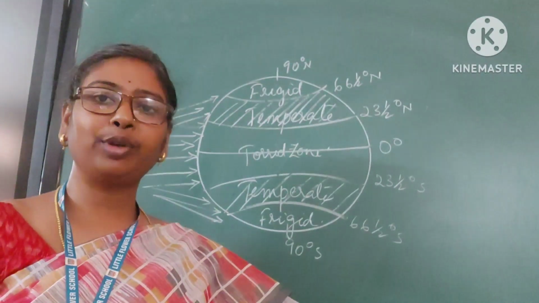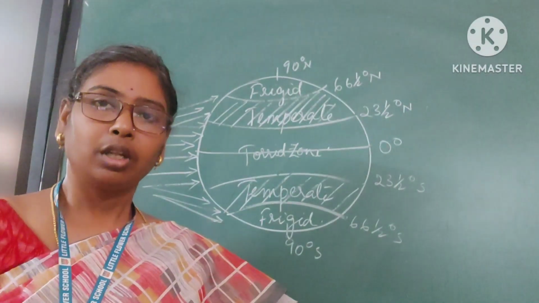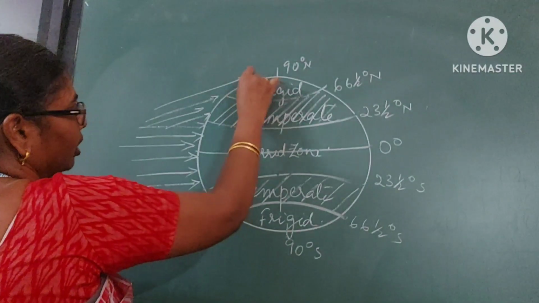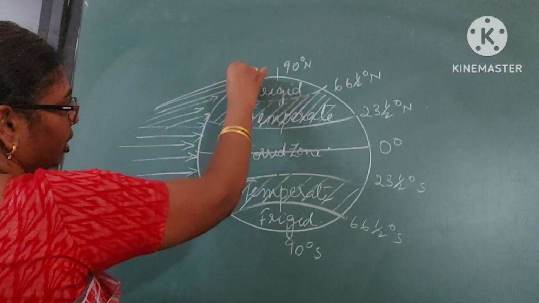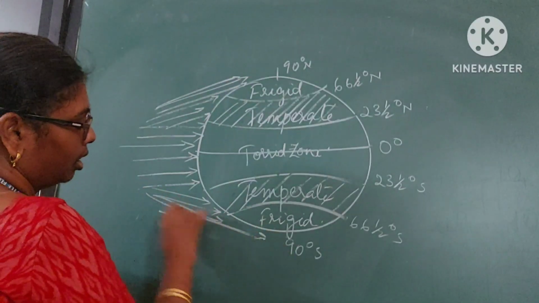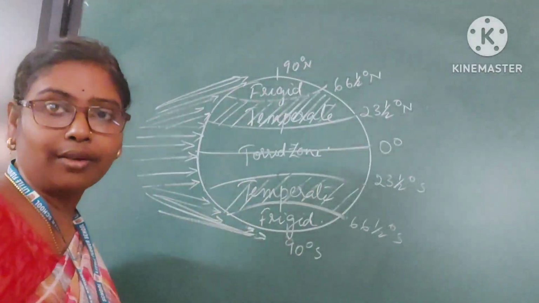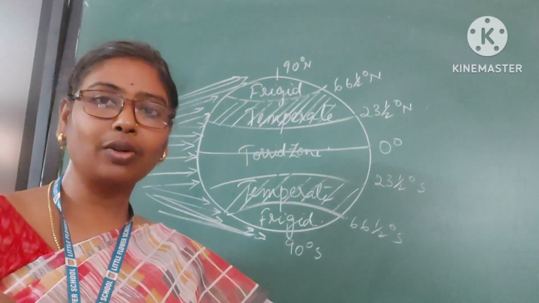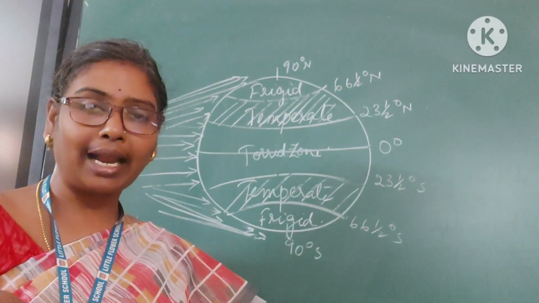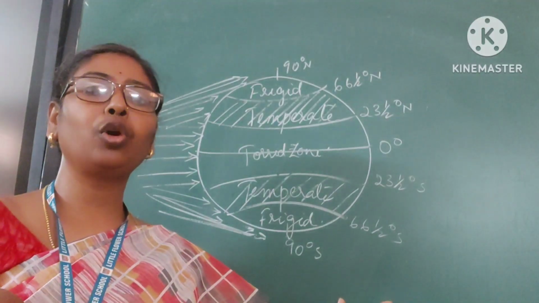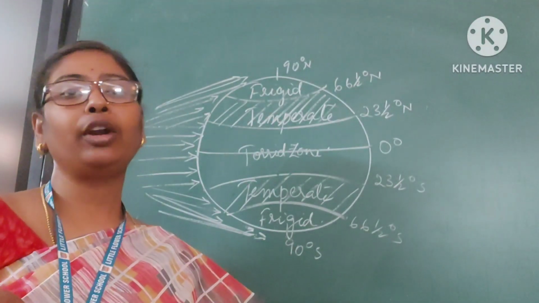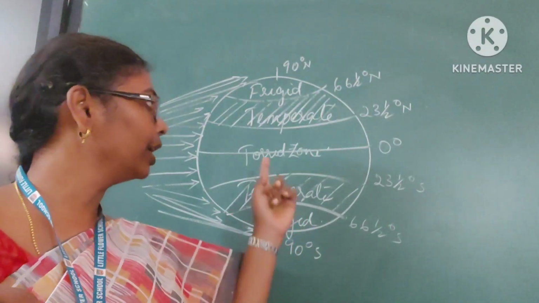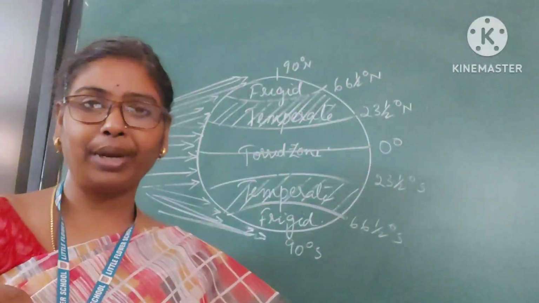So here in the frigid zone, the rays of the sun are more slanting. So here we see very low temperatures when compared to the torrid and temperate zones.